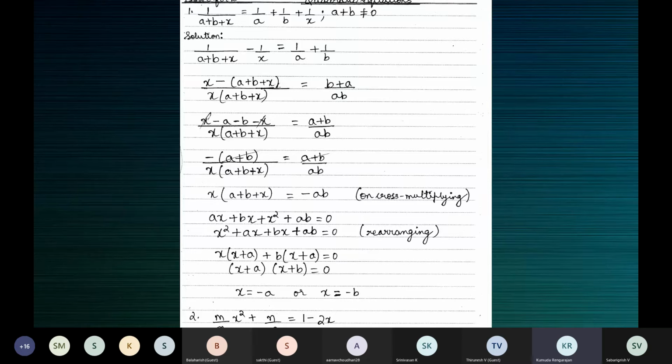Again, all these equations where we solve for x, important. So we're given an equation and we have to solve for x.